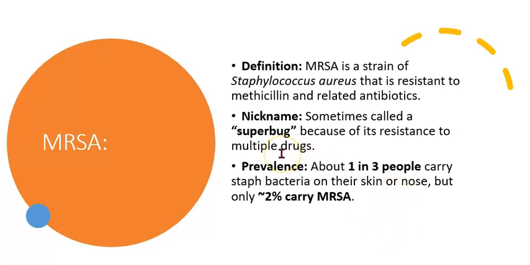It is referred to as the superbug. 1 in 3 people carry staph bacteria on their skin or nose, but only 2% carry MRSA. Most of us that have been in healthcare for a prolonged period of time are probably carriers of staph. They can swab our nasal area and send that off to test it.